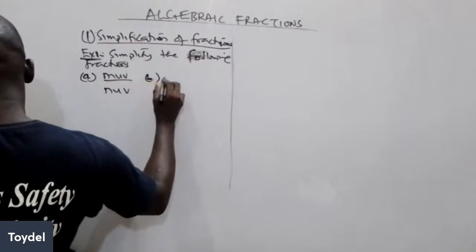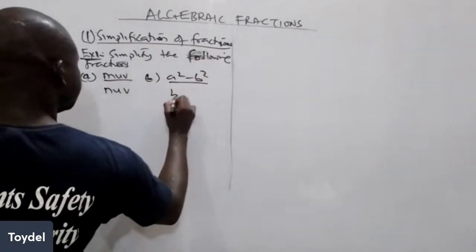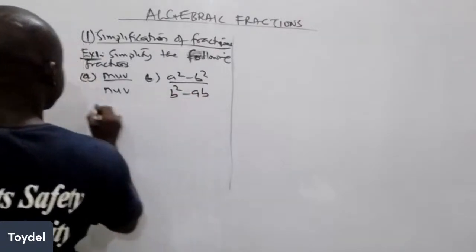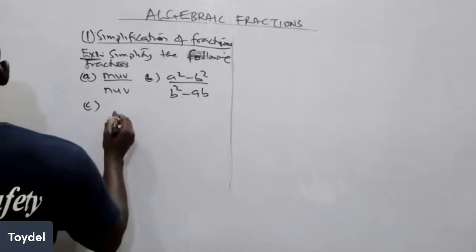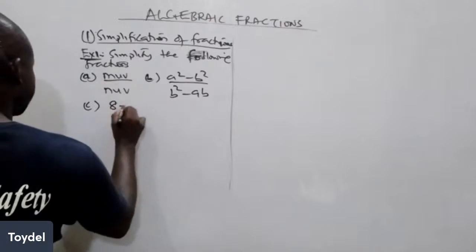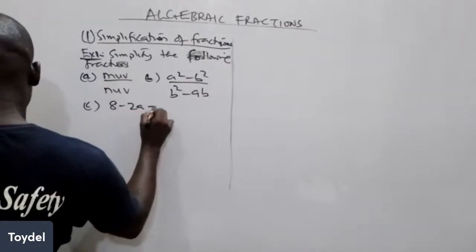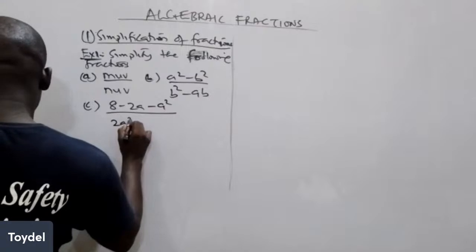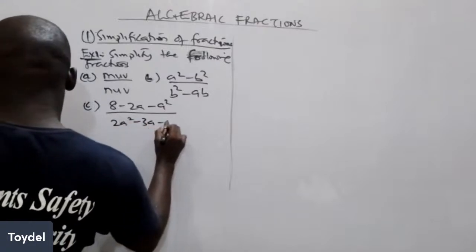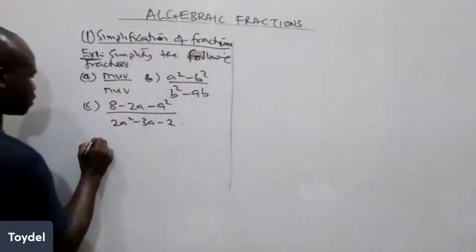Then B, we have A squared minus B squared all over B squared minus AB. Then C, let's take 3. Here we have 8 minus 2A minus A squared all over 2A squared minus 3A minus 2. So let's consider these 3 examples under this first concept, simplification of fractions.